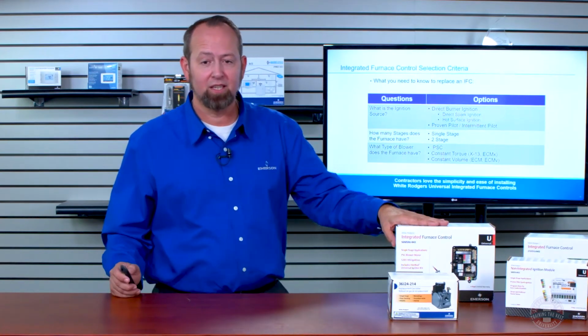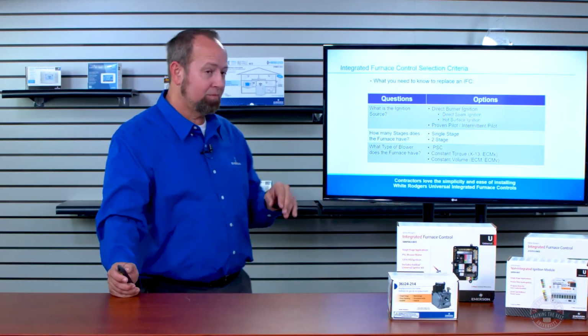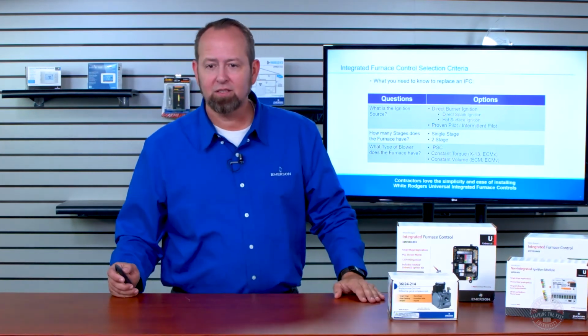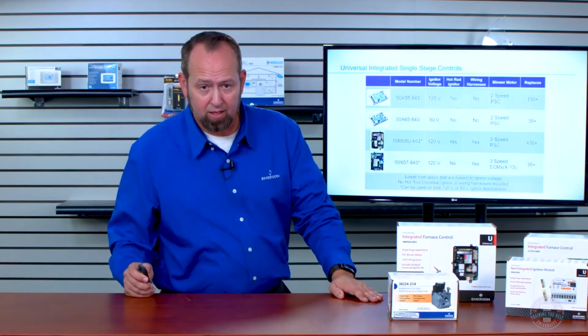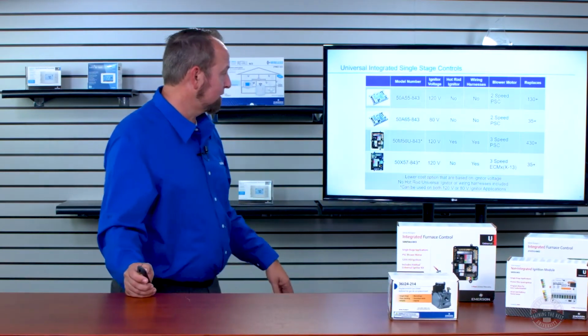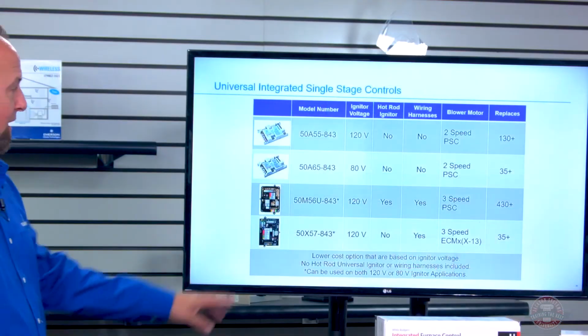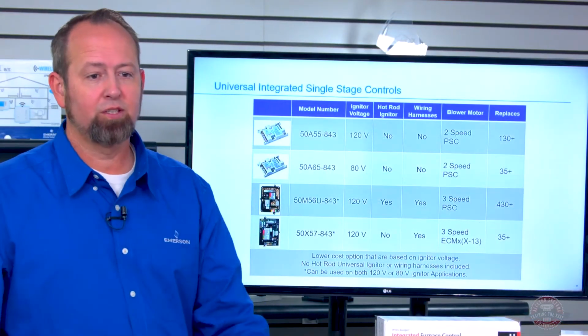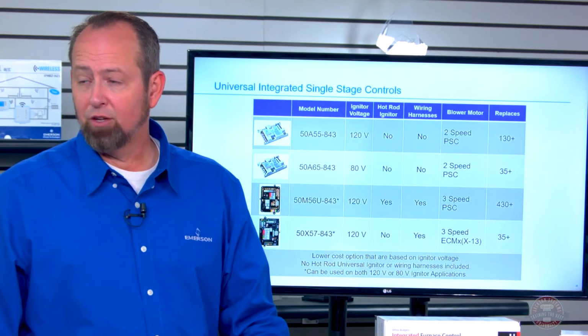It comes with the igniter and all the harnesses. The 50A, we haven't touched that. I think we do have a universal 50A that I'll catch here in this next slide. If that is a question, we do have a 50A 55 and a 50A 56. They're both for the two-speed PSC blowers, and those are boards only.